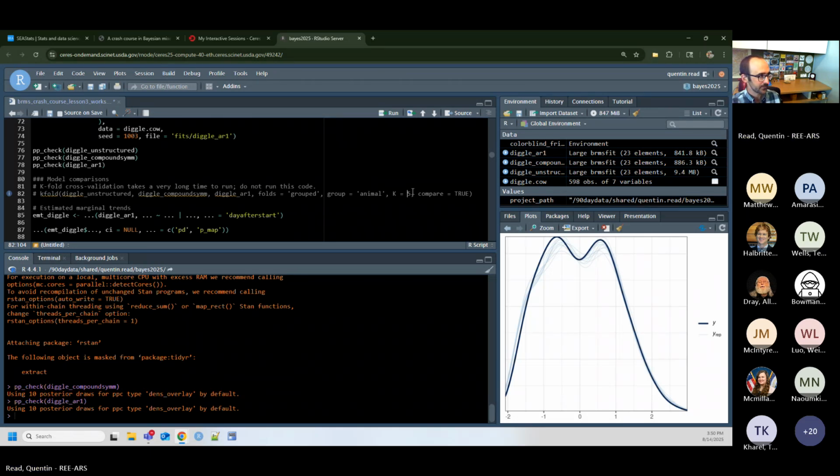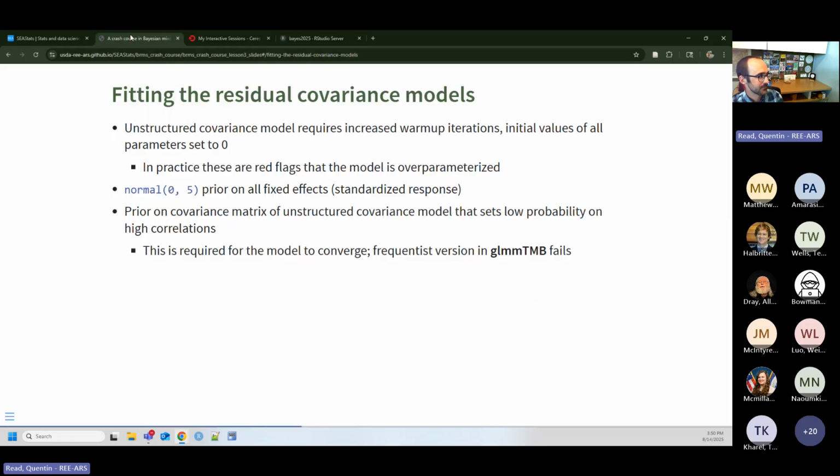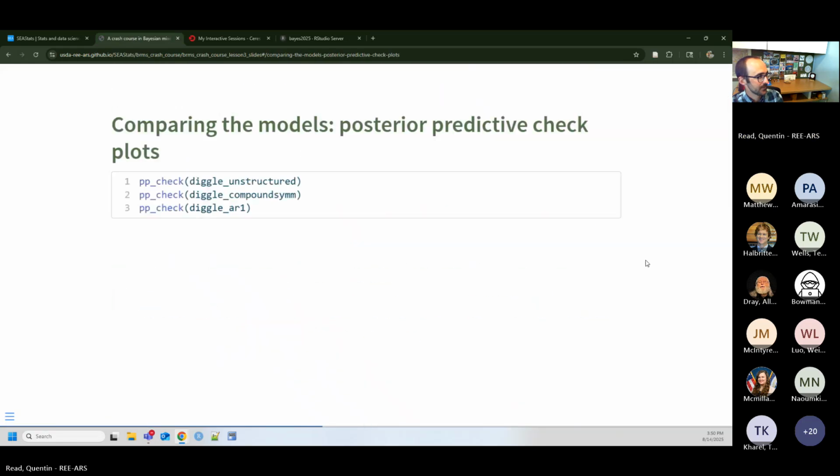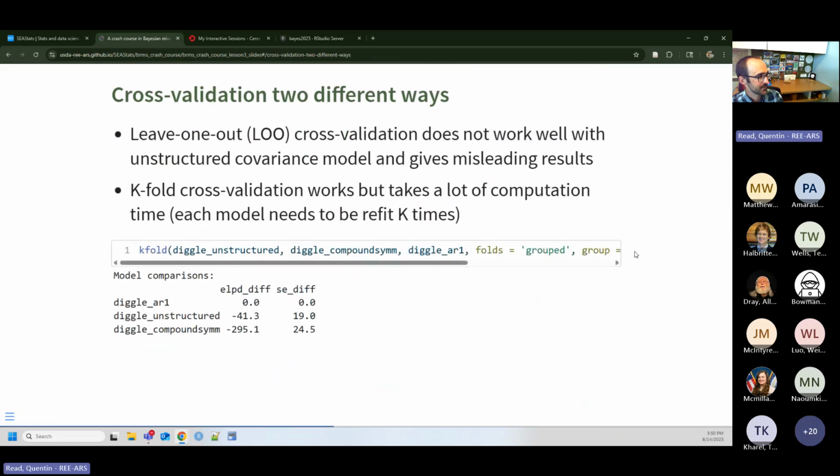What do we see when we compare these 3 models using this very robust criterion of cross-validation? In the slides, I've shown the output that you would get if you sat here for an hour and ran that code. The AR1 model is the best fit to the data.